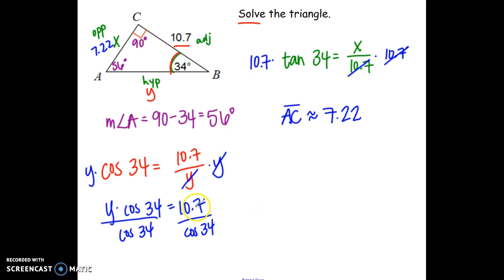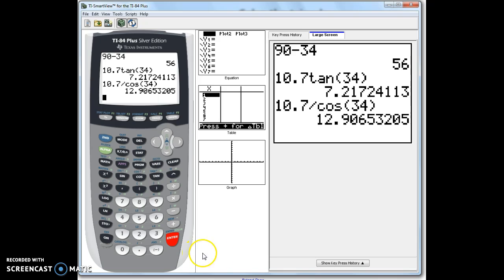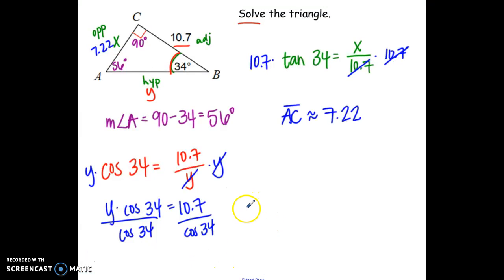So y equals 10.7 divided by the cosine of 34, and we get 12.91. So y is approximately 12.91. And again, this was side AB, so if you want to label it that way as well, that's fine.